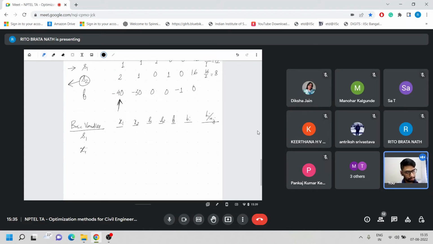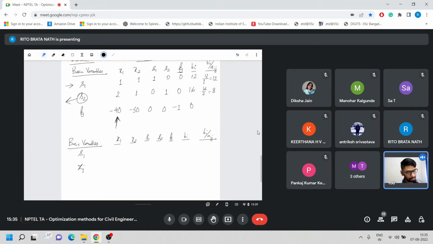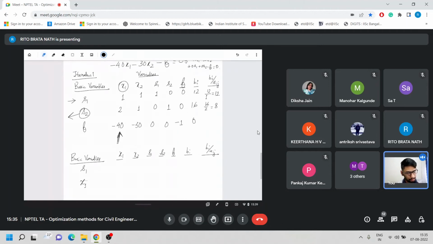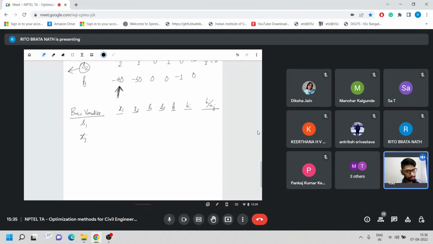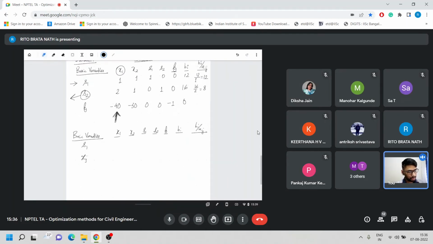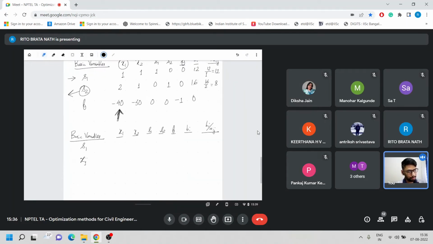So x1 will be entering here because x1 was the entering variable corresponding to this column. So here you have to write x1, and you know that you have to make this a pivot element. I hope you have understood, since you have studied those concepts in the class. Otherwise it will be difficult.